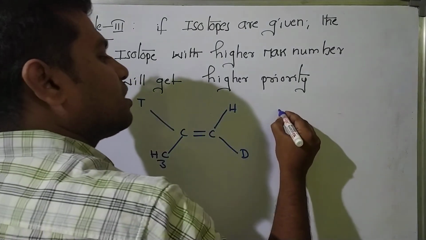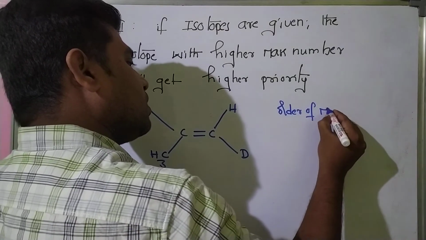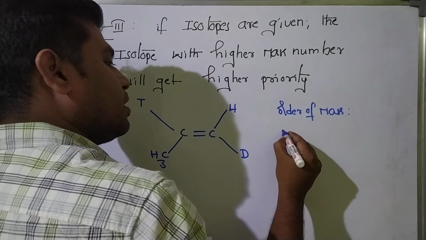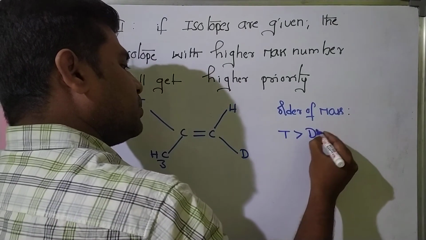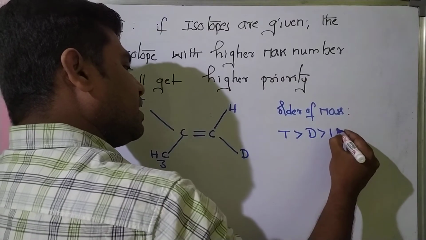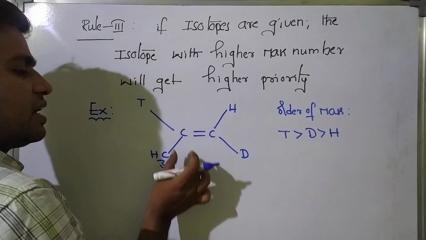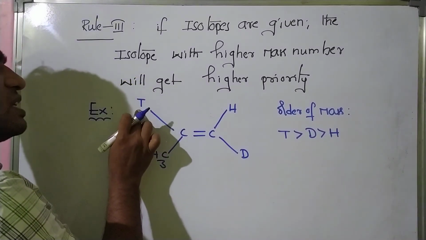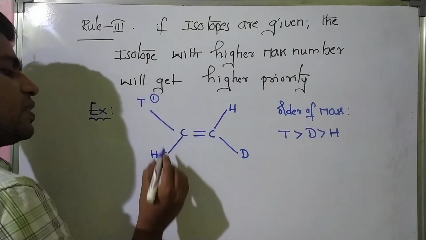So what is the order of masses? Tritium is greater than deuterium, which is greater than protium. We can understand. Now the priority: the mass number of tritium is more, so it will get first priority.